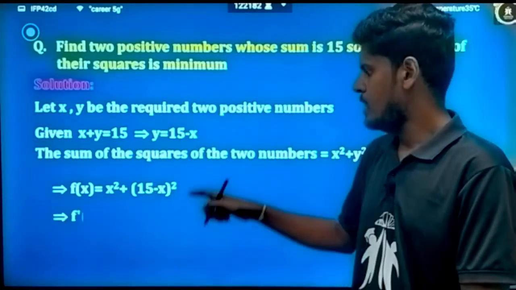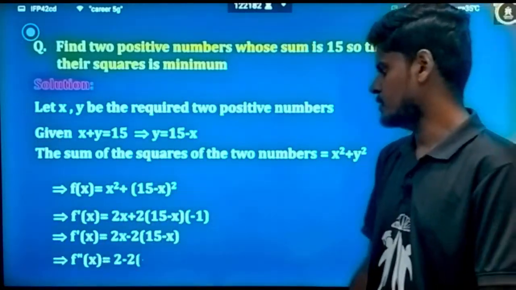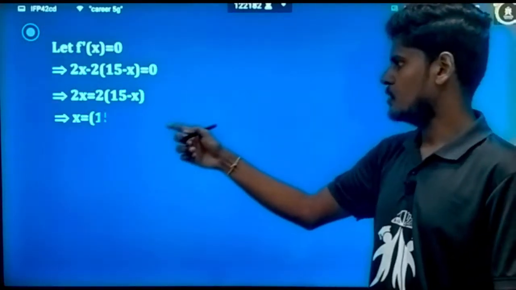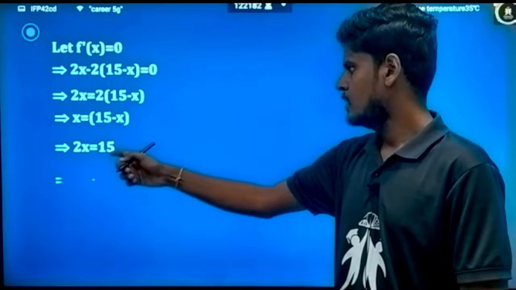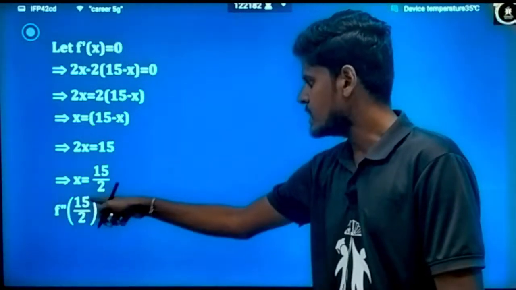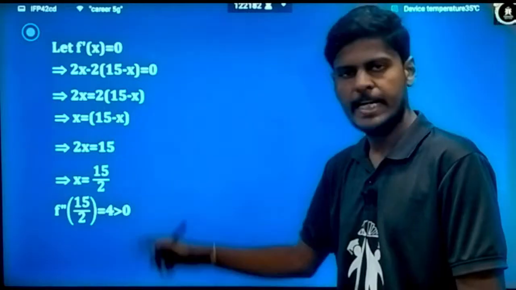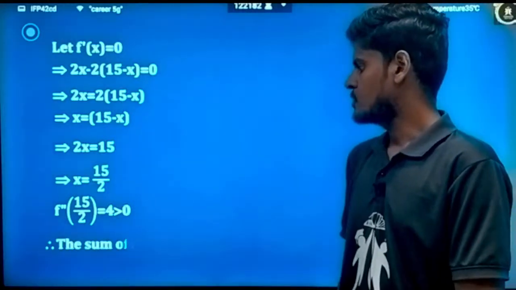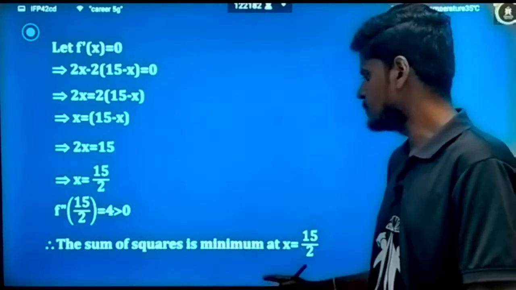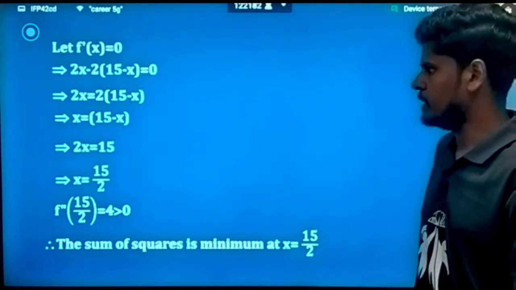Write in single variable and then differentiate, equate it to 0. We will get x value. X value comes out to be 15 by 2. Now f double dash at this point will be greater than 0. So that means it is a point of minimum. And sum of squares is minimum at x equal to 15 by 2.